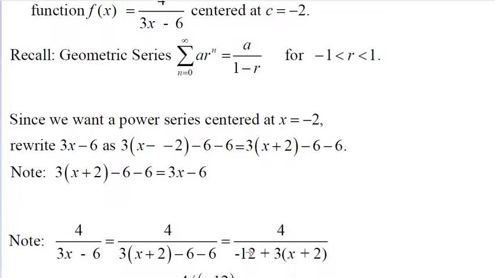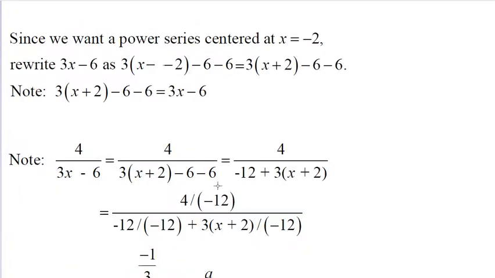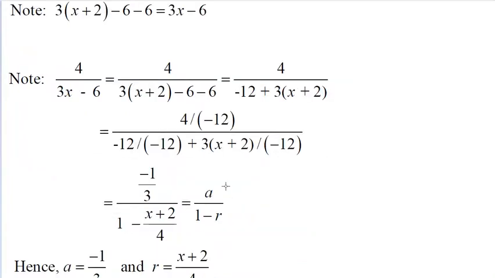So 4 divided by negative 12, and then negative 12 divided by negative 12, and 3 times x plus 2 divided by negative 12. This becomes negative 1/3, and then this is 1, and notice 3 divided by negative 12 is negative 1/4.